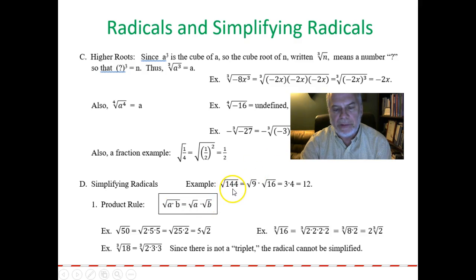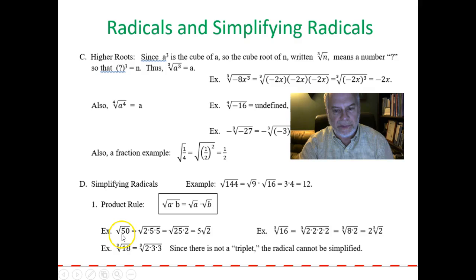So for example, if you have the square root of 144, now you might know that the answer is 12 right off, but you can break up 144 into 9 times 16. So you have square root of 9 and square root of 16, and the square root of 9 is 3, and the square root of 16 is 4. So you get 12 in the end. Okay, so you can see how this works.